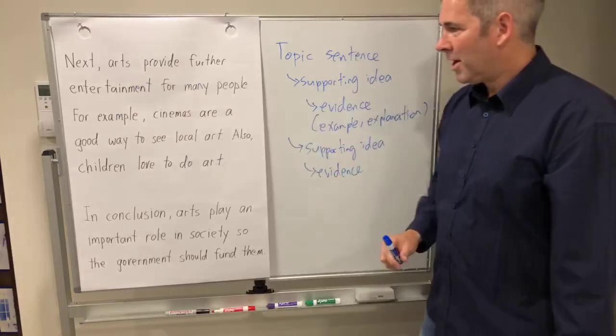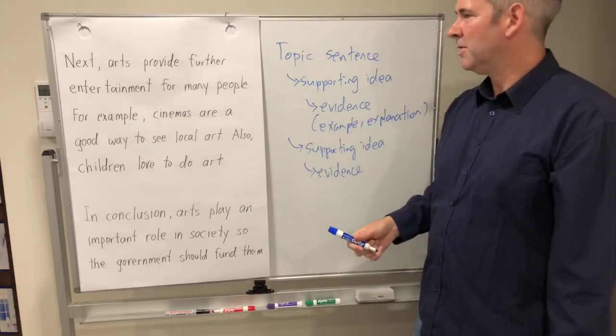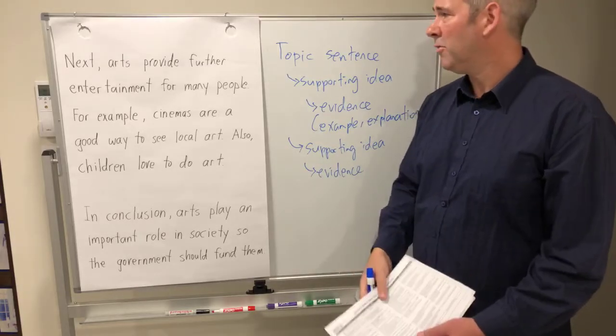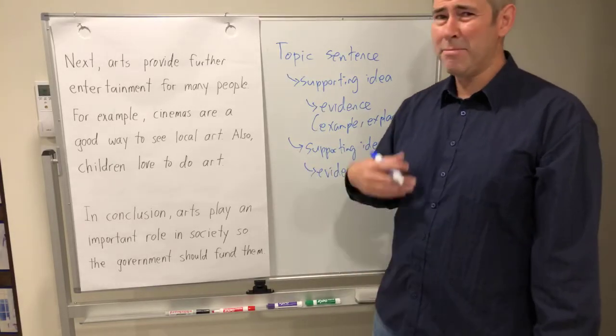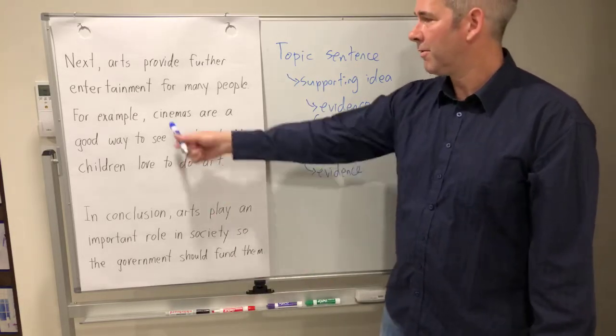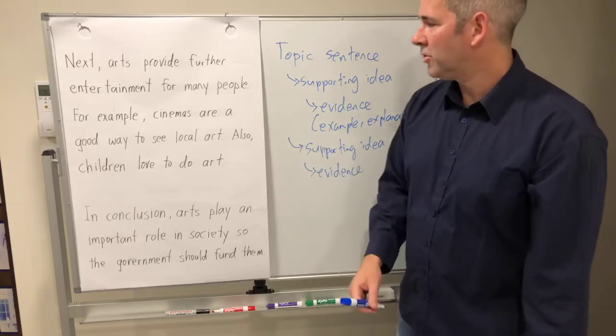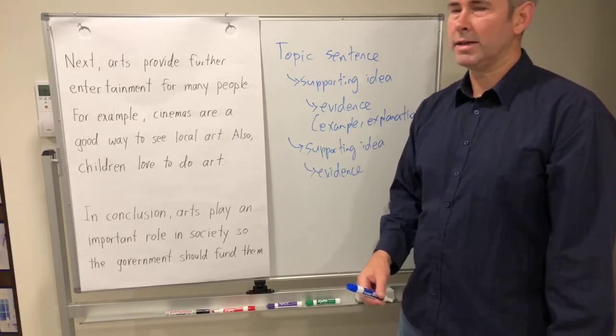This is what I'm not sure about. The student has gone directly into an example. So to me, that's always a bit of a no-no. And that probably means that the main body paragraph is going to be too short. For example, cinemas are a good way to see local art. Also, children love to do art.